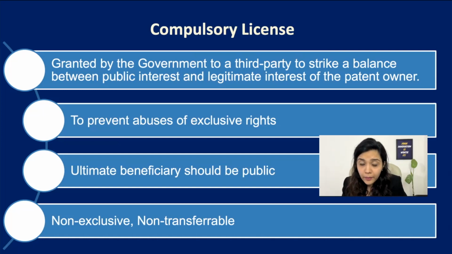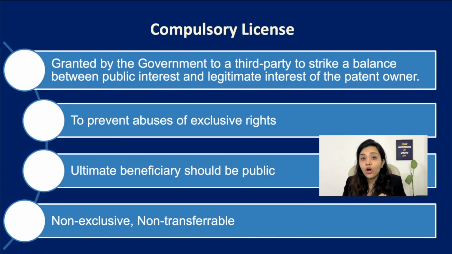And always remember, a compulsory license is non-exclusive and non-transferable. What are these terms? Non-exclusive means that if, for example, a person or company A is granted a compulsory license, that does not mean that companies B, C, D cannot be granted one. No, this will not happen. If one person can get it, other parties can also get that license.